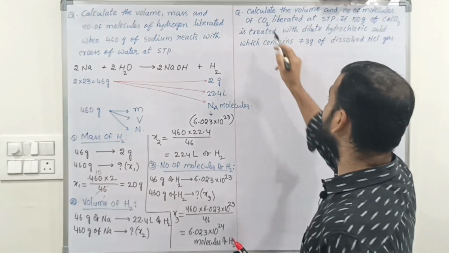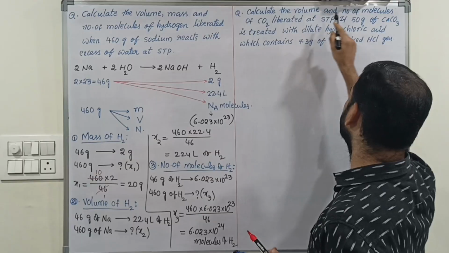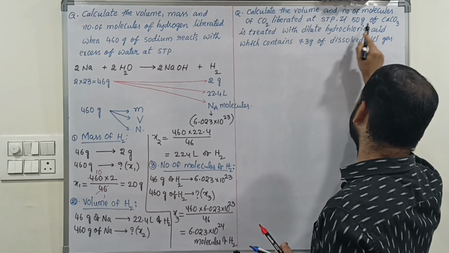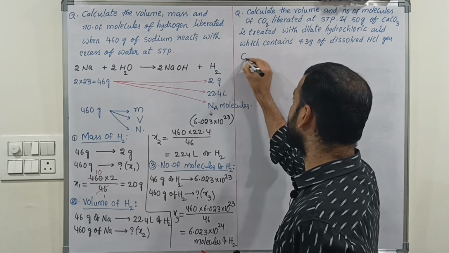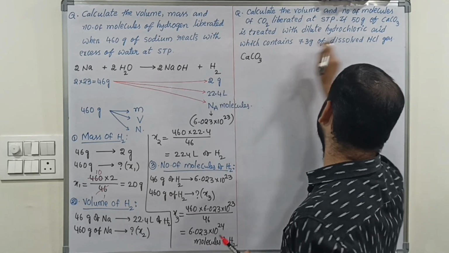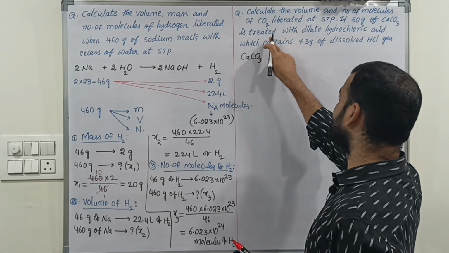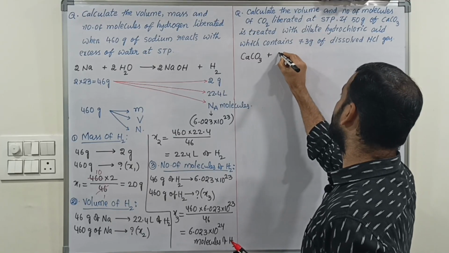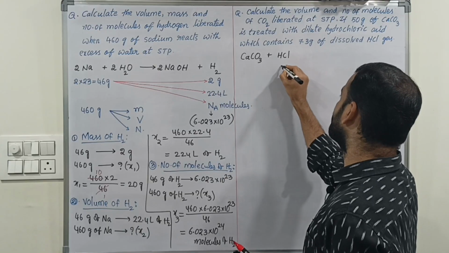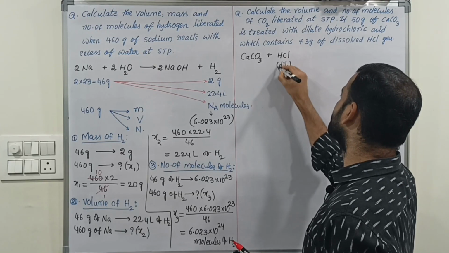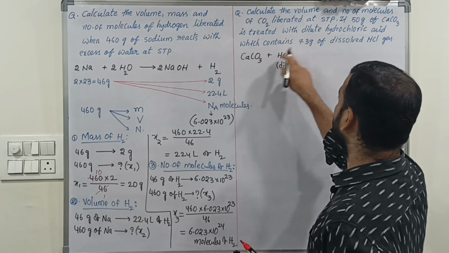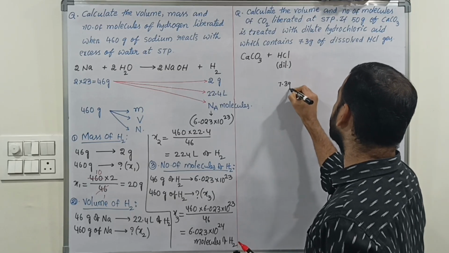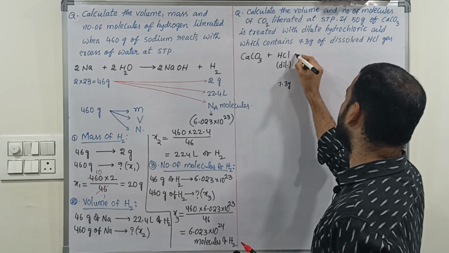So concentrate. Calculate the volume and number of molecules of CO2 liberated at STP if 50 grams of calcium carbonate is treated with dilute hydrochloric acid, HCl, which contains 7.3 grams of HCl gas dissolved.